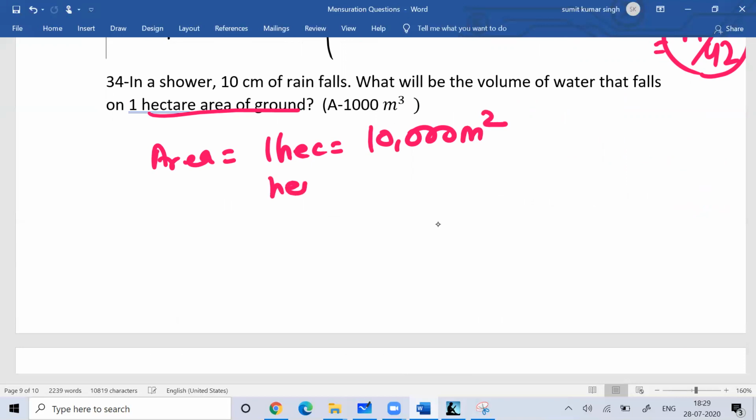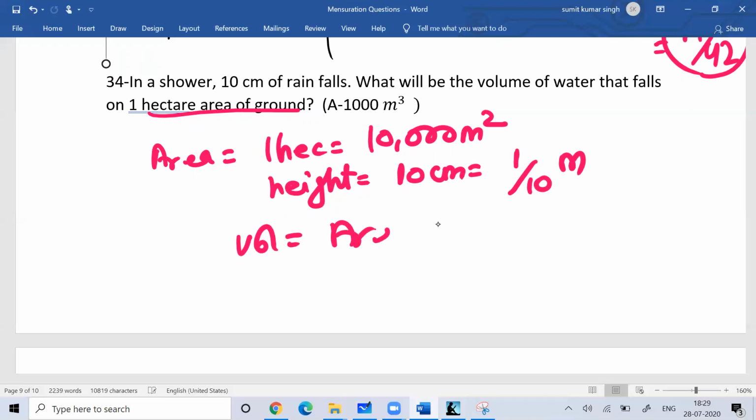And the height of the rainfall is 10 centimeter. So 10 centimeter means 1 by 10 meter. So the volume would be area into height, which means 1000 meter cube. This would be the volume. Okay. So 10,000 into 1 by 10. If you do that, you will get the volume.